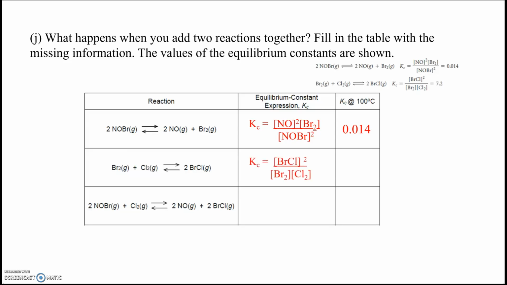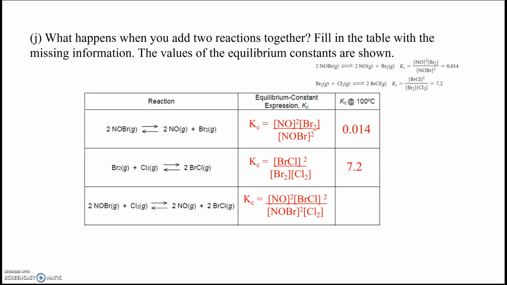And again, I look at the second reaction, essentially copying what has already been written up there, and I get my value of Kc of 7.2. Now if I add these two reactions together, you'll note that the bromine goes away. I'm left with 2NOBr plus chlorine gas reacts to form 2NO plus 2 bromine chloride.